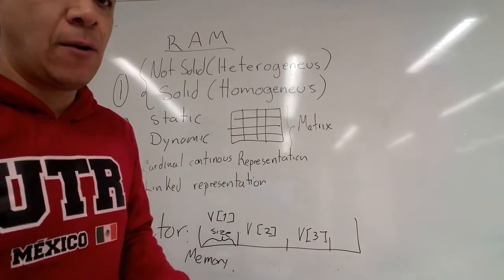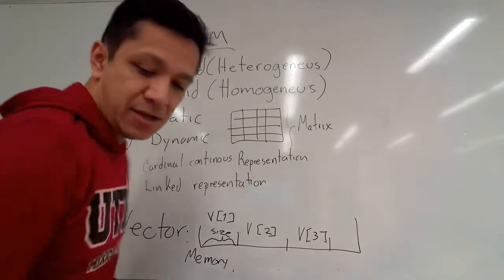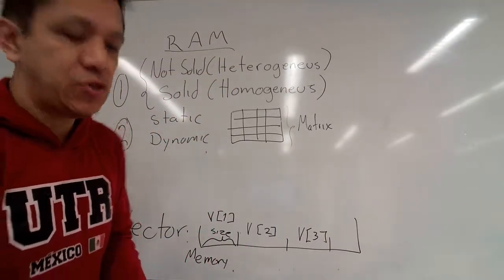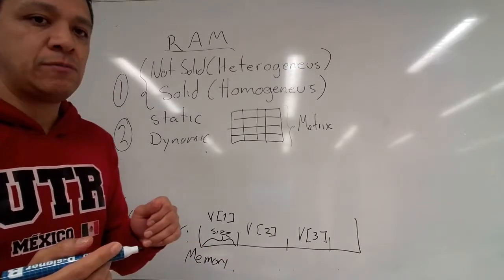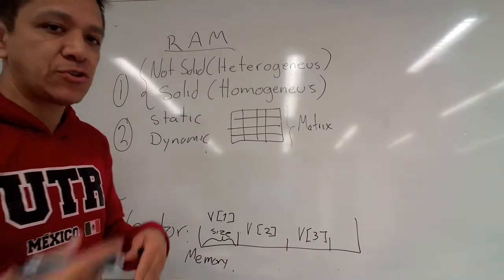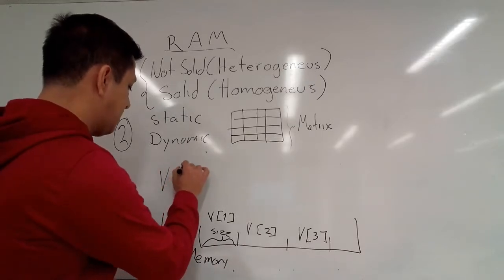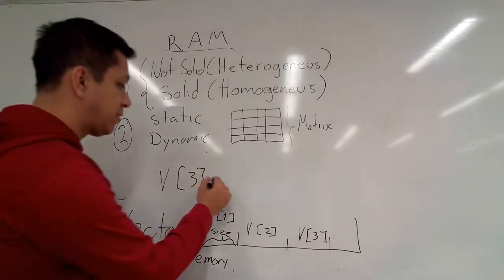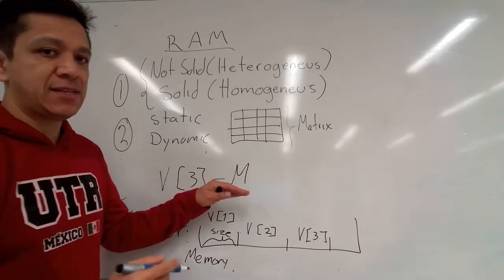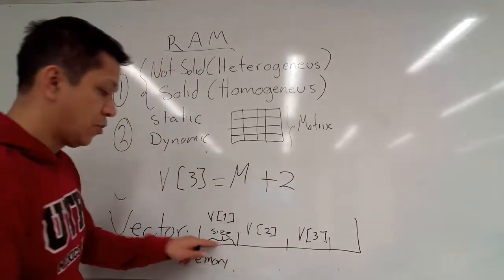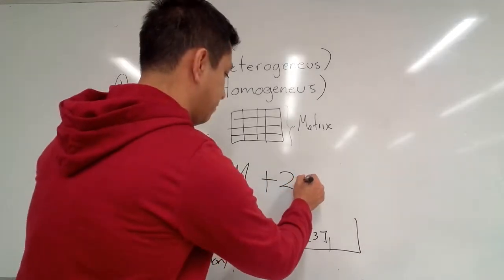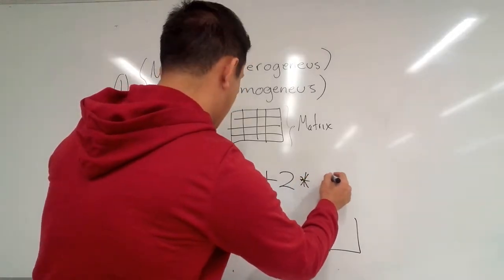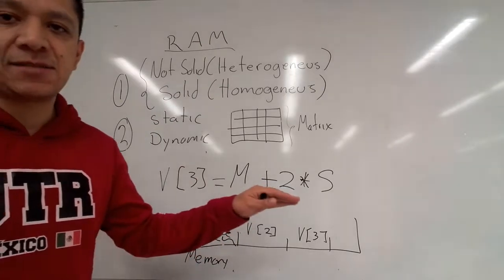With that, we can place some formulas to create this cardinal representation. Using this vector, B3 corresponds to this formula: the memory size plus 2 elements that are going to be multiplied by the size of memory.